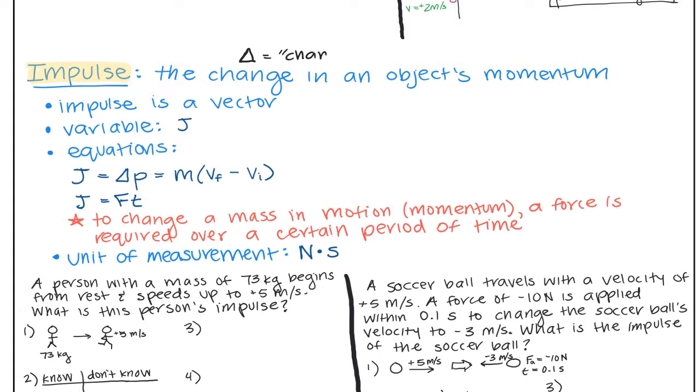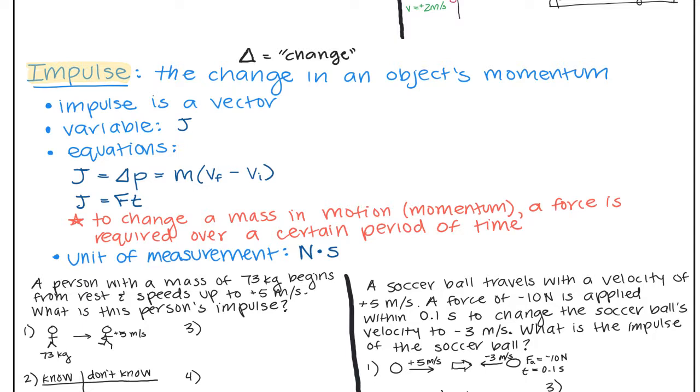So whenever we see that triangle, we are looking for the change in that specific thing. So if you see a triangle next to a p, that means we're looking for the change in momentum. When you see a triangle next to a v, we're looking for the change in velocity. So again, that triangle is really helpful for us when we're talking about the changes in various things in physics.